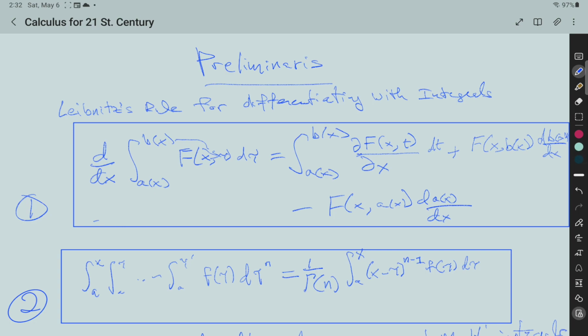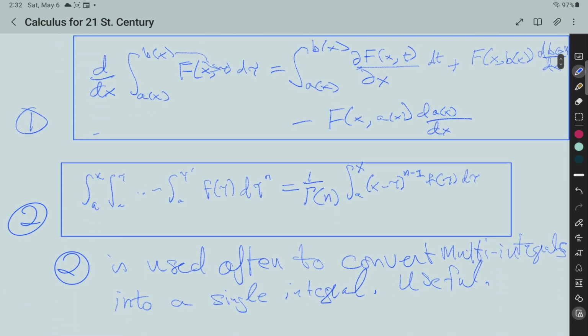The other equation that we use a lot is this one, sometimes called the Cauchy integral formula. It says that if you have a multi-integral like this, in this case an n-fold integration with the volume form dt n, so like an n-dimensional volume integral of some function, this can be replaced by just one integral with the factor 1 over gamma of n, or n minus 1 factorial, the integral from a to x, and then x minus tau, which is called the kernel of the integral, raised to the n minus 1, and then you put the function f of tau d tau.